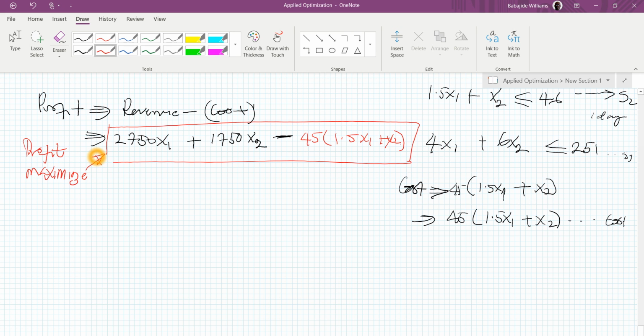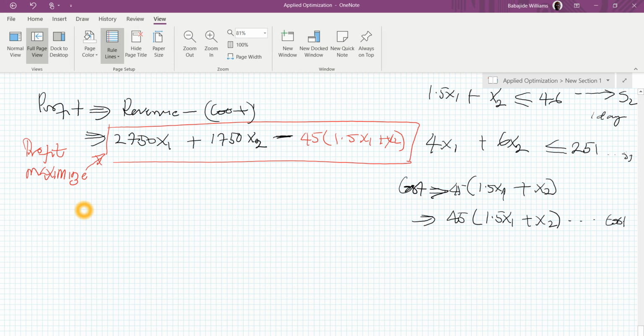To put everything together and make it clearer, I'm going to say maximize profit.